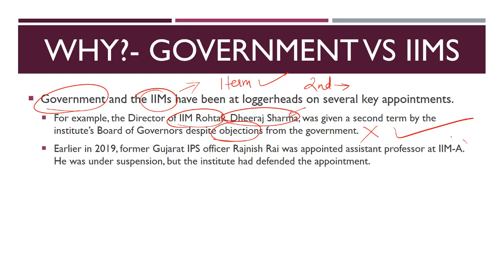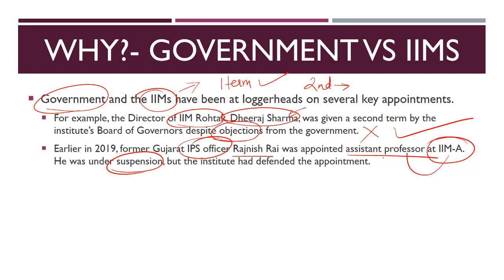Similarly, in the case of IIM Ahmedabad, there was an IPS officer named Rajneesh Rai, who was being suspended from the IPS at that time. IIM Ahmedabad appointed him as an assistant professor in the institute. However, the government questioned this appointment.